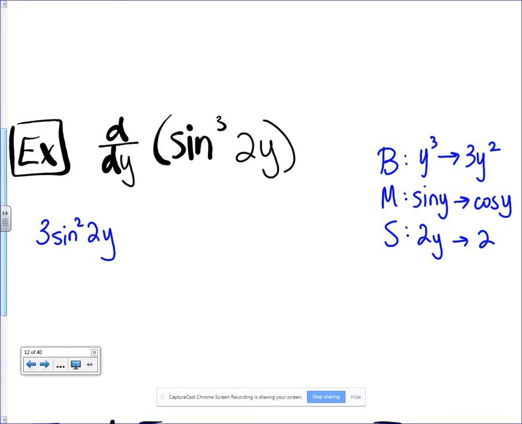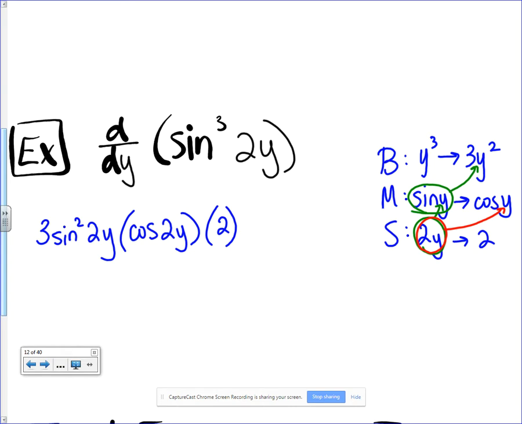So basically, I put this into here, and then I put this into there. Now I need to multiply that by the medium function with the small function. So this time I took this and put it in there. And then I got to multiply by the small derivative.